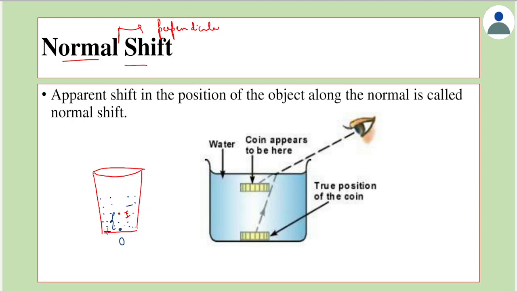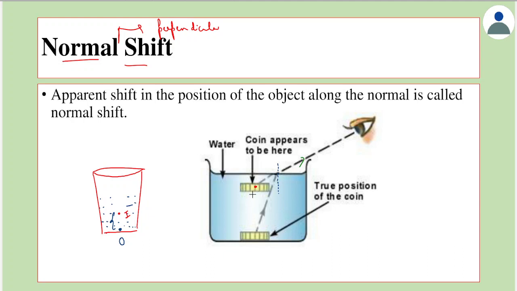Again, this happens because of refraction. As seen here, if we draw a light ray from this object like a coin, and draw the normal here, the light ray bends away from the normal because light is traveling from denser to rarer medium. If you draw this light ray backwards, it appears as if the light is coming from some point here, and that point would be the image.